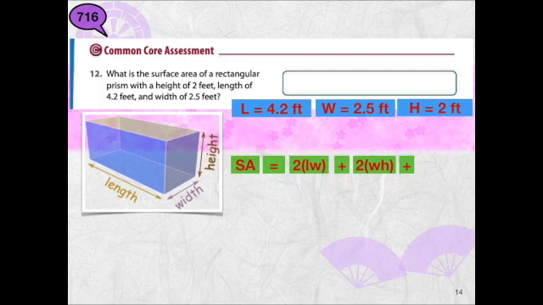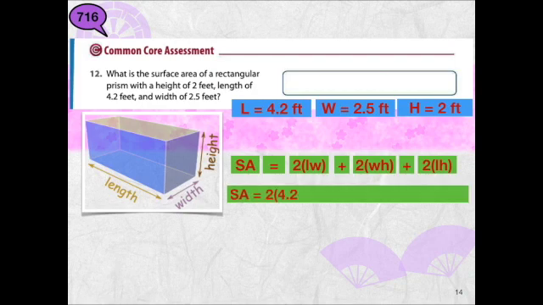So the length and the height will be the front side of our box. We know that the front side is equal to the back side of the rectangular prism. So we are going to multiply the area of the front side by 2 because it is the same as the back side. So that is length times height.